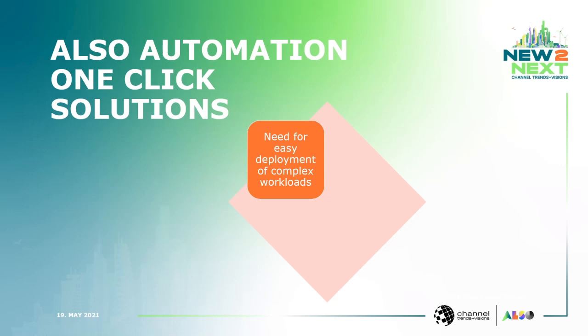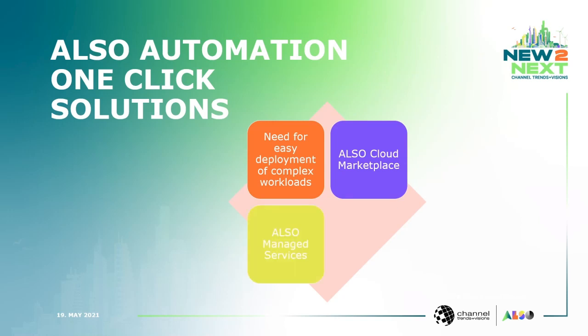So we built this service under our Also Cloud Marketplace, and put it under our Also Managed Services, making use of our Azure Automation Also IP. We built a complete package for you, and you just have to click this solution and enter a few values, and then you are ready to go.